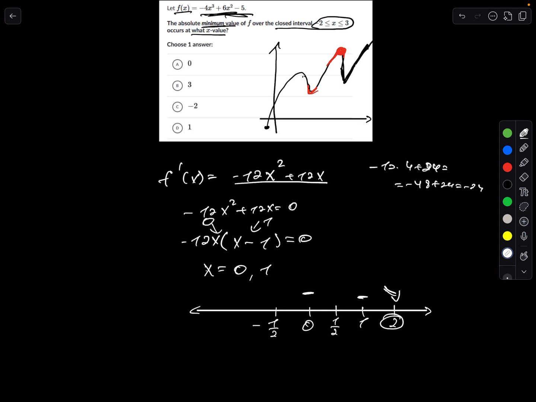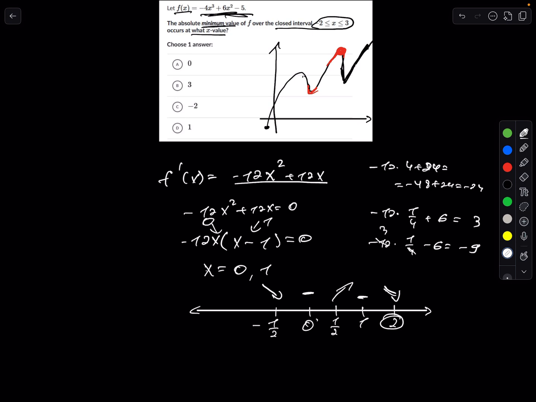Then we have 1/2. It's going to be equal to 3. Well, if the derivative is 3, then it means that the function is increasing. And now we have to figure out negative 1/2. Well, this is going to be equal to negative 9. So the derivative is negative, so the function is decreasing.